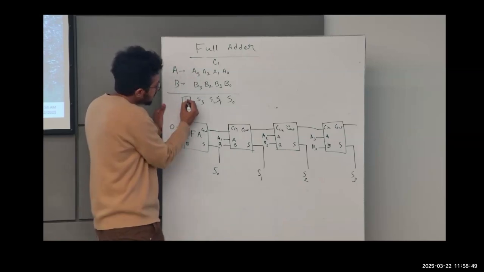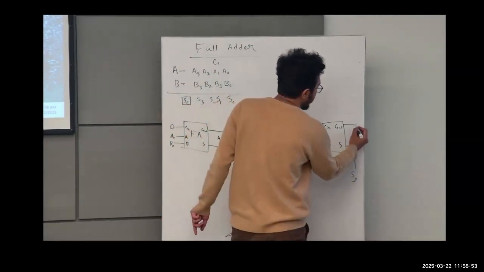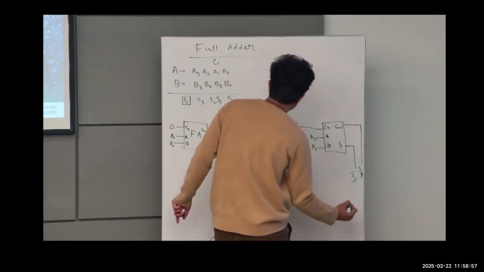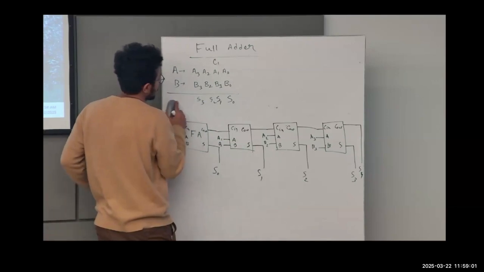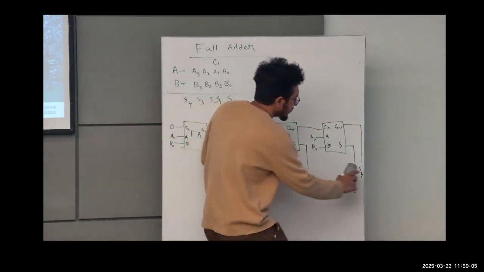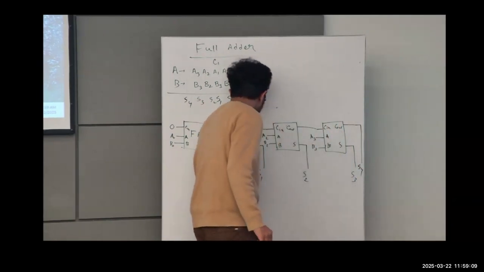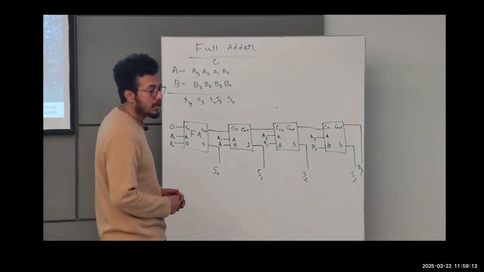So this carry out goes directly to the fifth bit, or the fourth digit, S4. Sorry, yes. So this is S4. Okay. So this is the design of a 4-bit adder circuit.